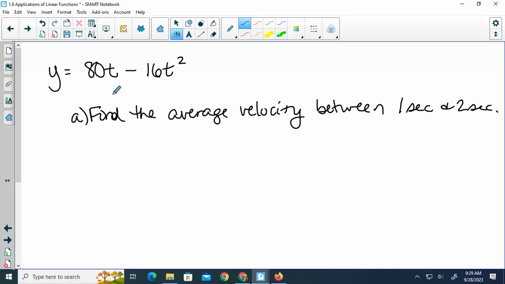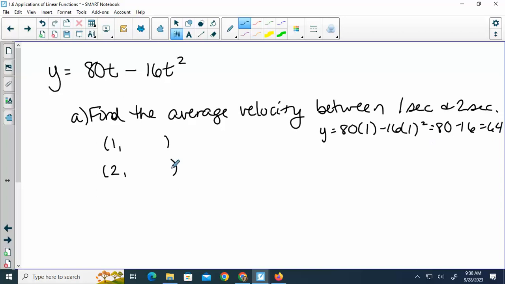So if I'm asking you to find the average velocity, we basically need 2 points. I gave you your t values in this case. How would I get my y? So we get 80 minus 16, or 64. Plug in a 2.